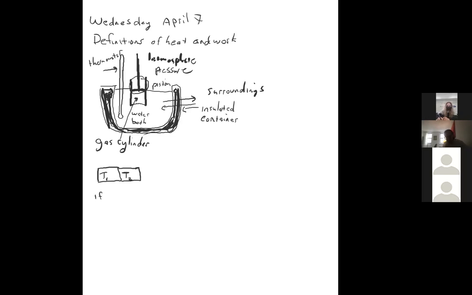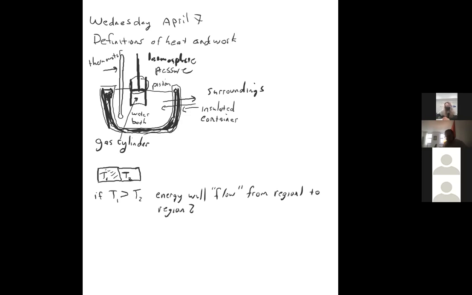If T1, meaning the temperature over here, is greater than T2, which is the temperature over here on the right side, then energy will "flow," I'll put that in quotes, from region 1 to region 2.